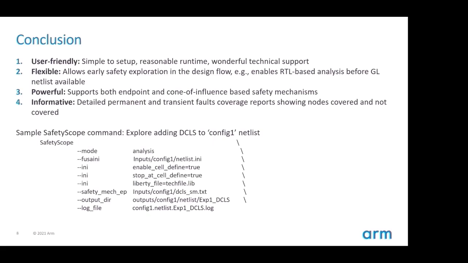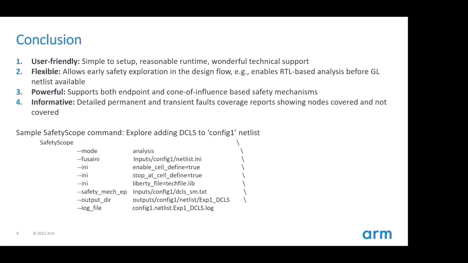Okay, so as my final question, in all of your experiments, did you find that you were able to save a lot of time and effort using these experimentations with safety scope in the overall flow?